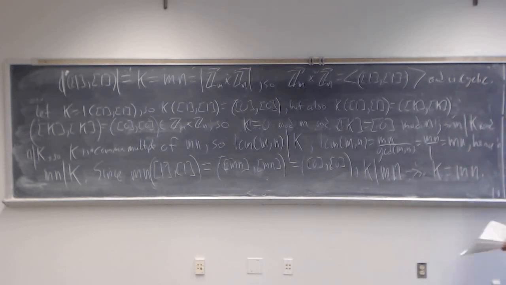And then again, because it's cyclic and it has n times m elements, it's got to be isomorphic to Zmn. So that proves the other implication.